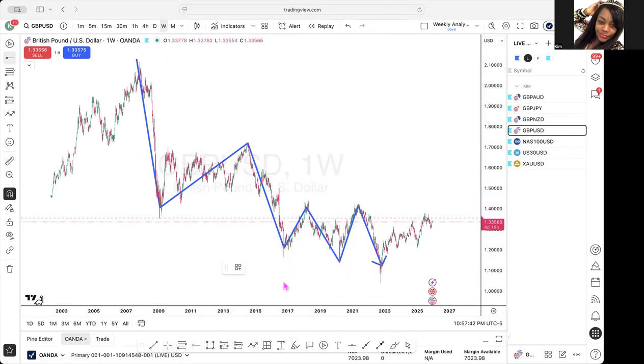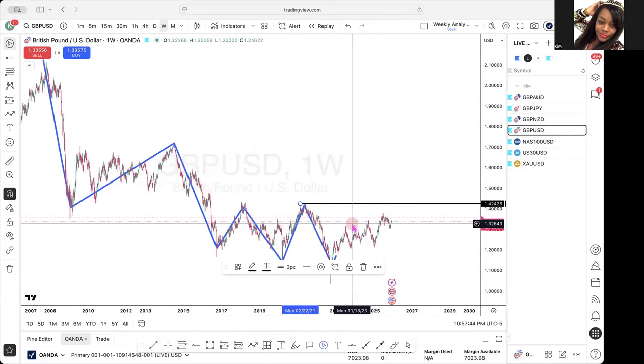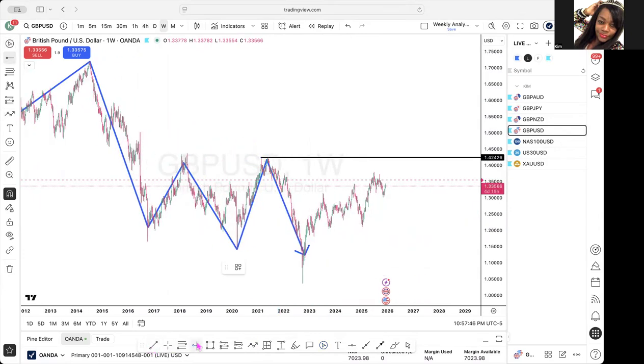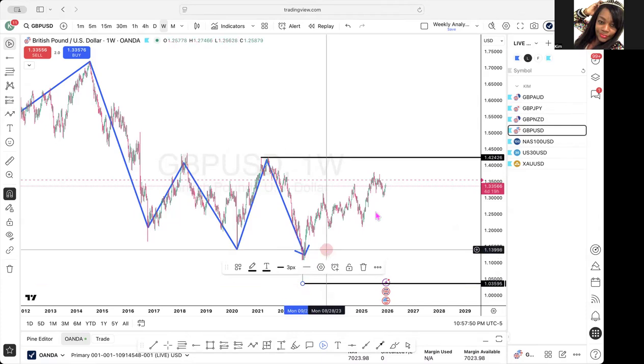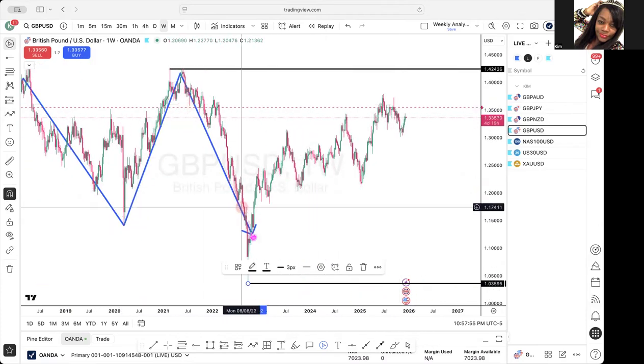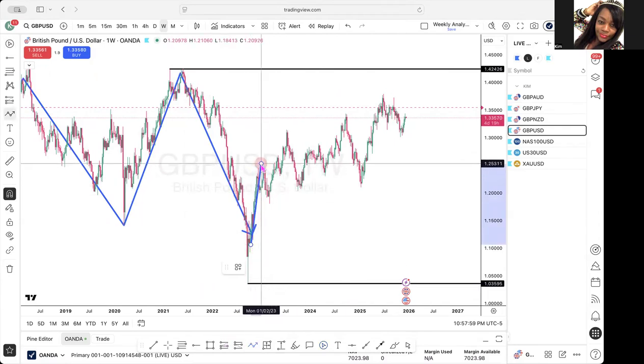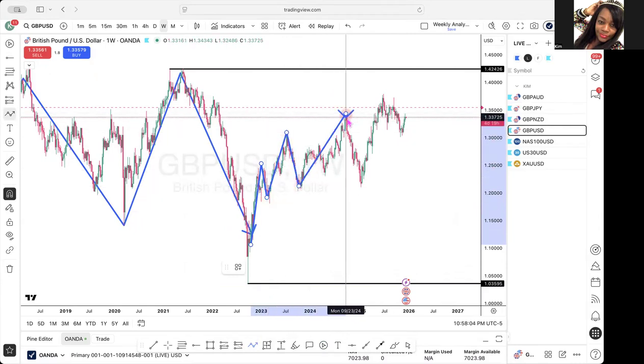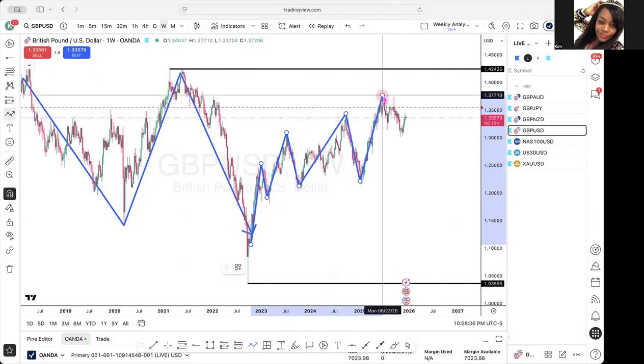So right now, this is your swing high, and this is your swing low. All right, so based on this swing, let's look at the structure. Boom, boom, boom, boom, boom, boom, and boom.